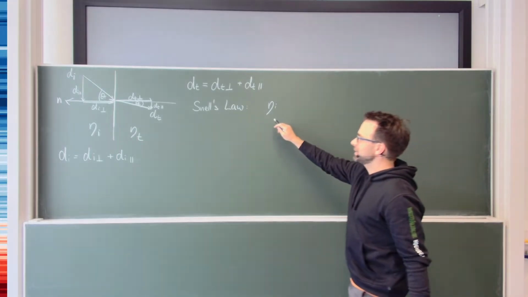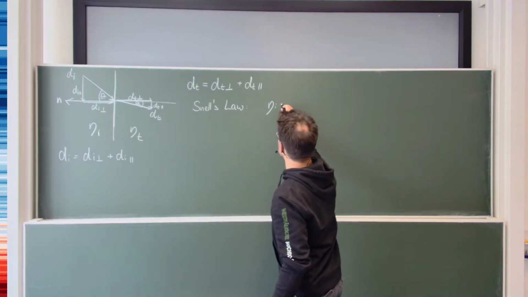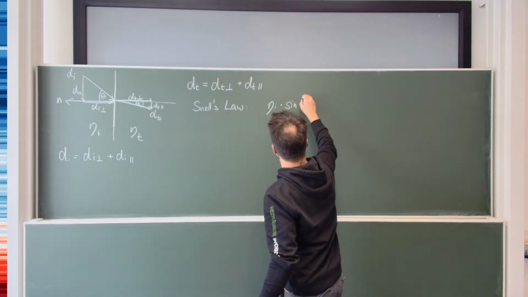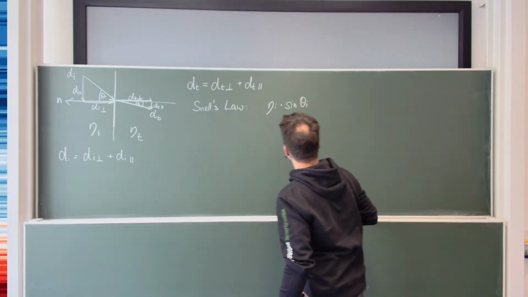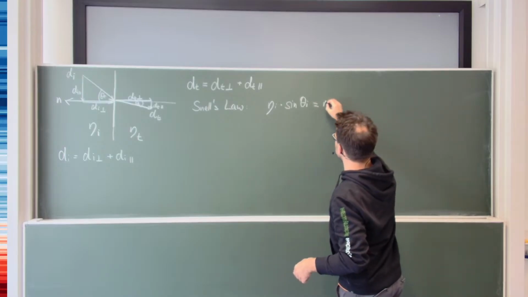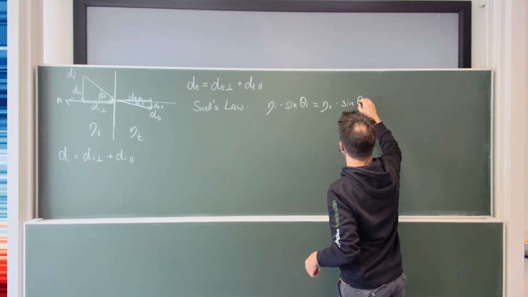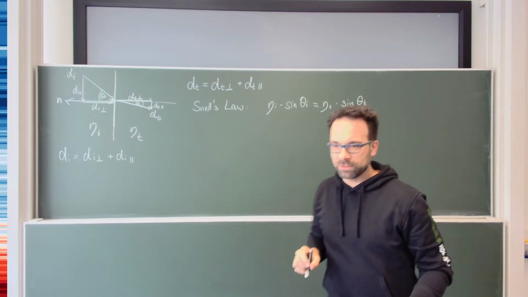The refractive index of the medium on the incoming side times the sine of theta i, the angle on the incoming side, is the same as eta on the transmission side times sine of the angle on the transmission side.